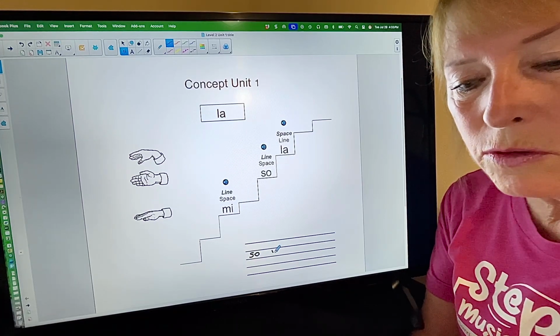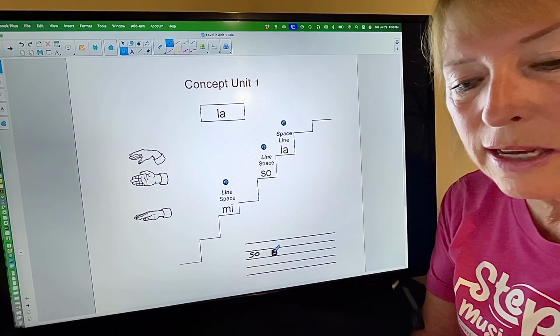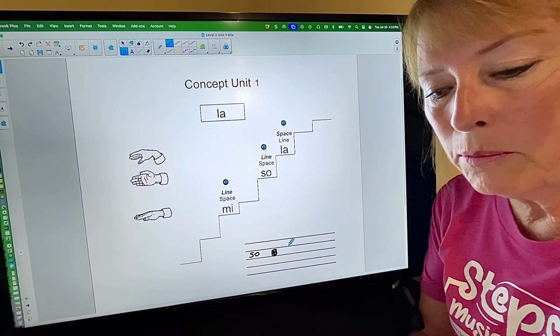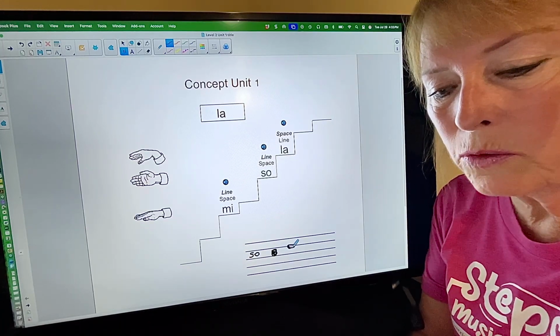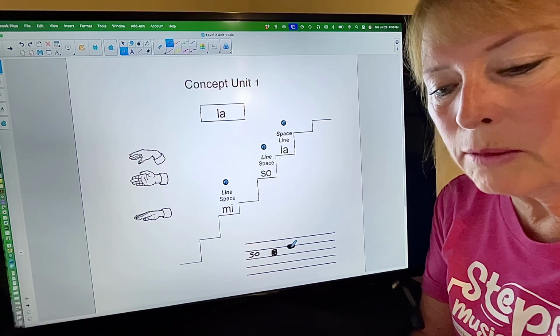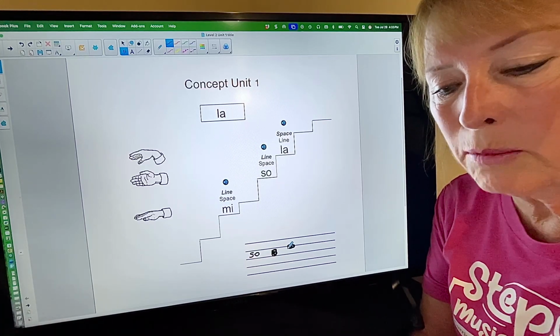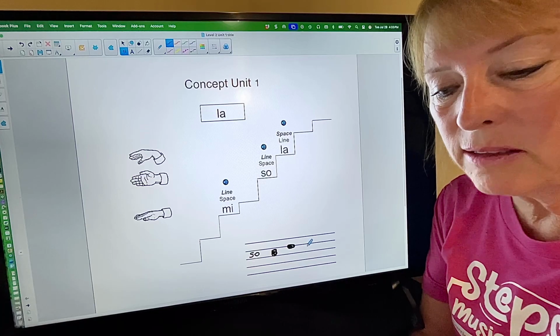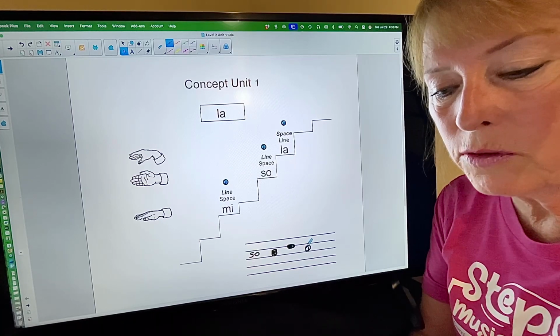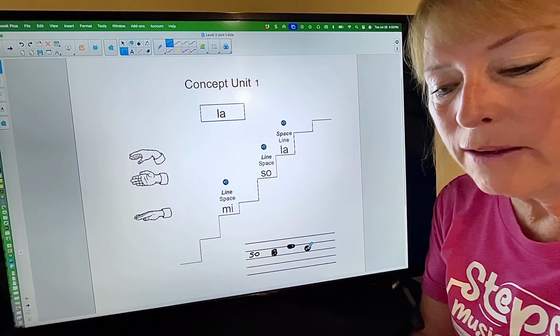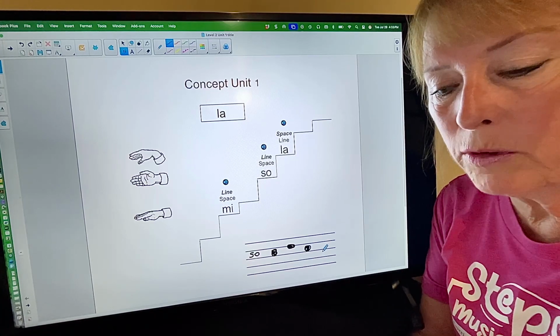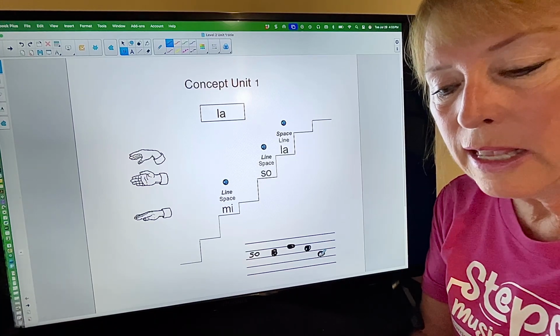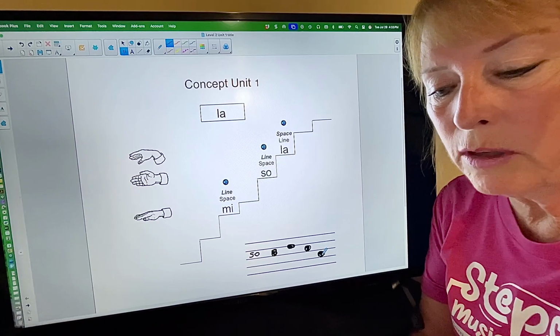We can draw our so inside the lines. And then la will be one line higher, so we go around and above and below the line above it, line 4, back to space 3 for so, and then we would have mi, one skip down. We're going to skip a line and put mi one space below so.